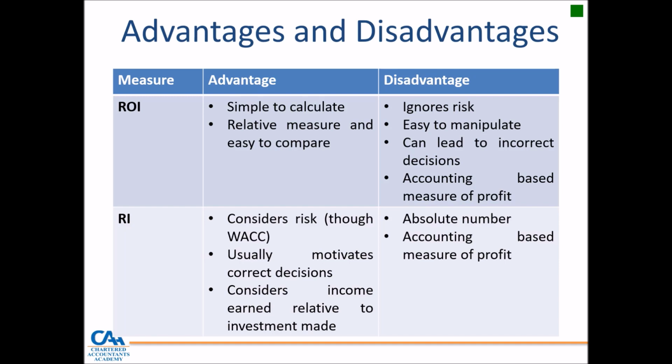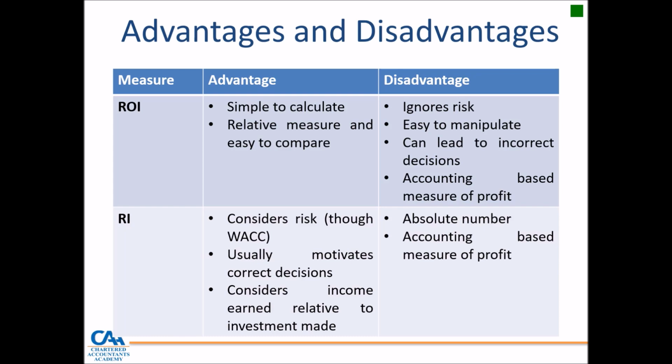We covered it under capital budgeting. So say I have decided to evaluate my project. I cannot base my decision on one tool to evaluate whether I should invest in a project or not. So if, as an example, I've used return on investment and I have used net present value.